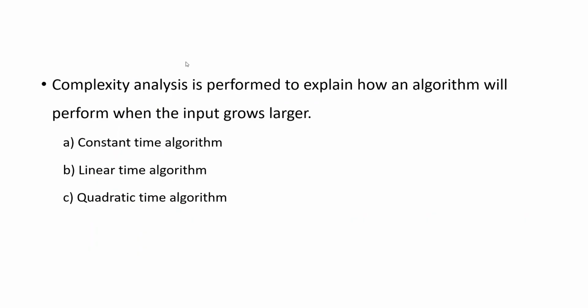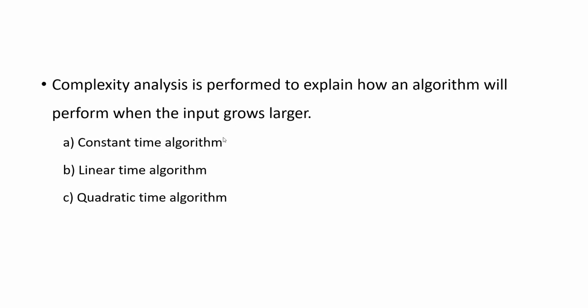There is one more topic at the end of the chapter that discusses the complexity of the algorithm. What is complexity analysis? The complexity analysis is performed to explain how an algorithm will perform when the input grows larger.